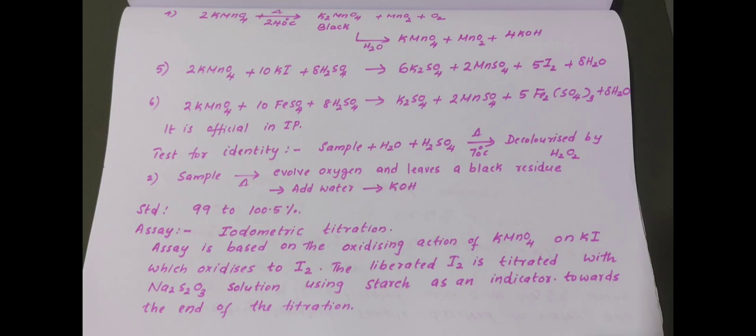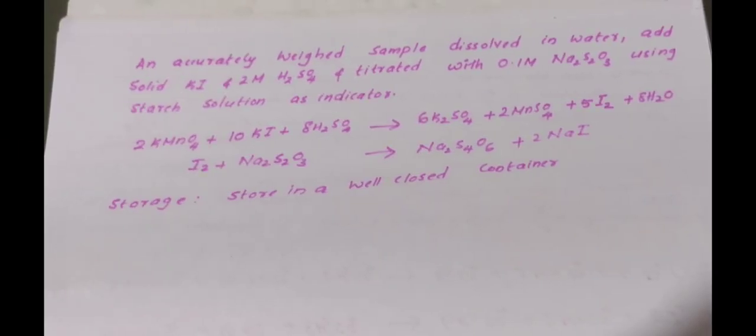An accurately weighed quantity is dissolved in water, add solid potassium iodide plus 2 molar H2SO4, and titrate with 0.1 molar sodium thiosulfate using starch solution as indicator. Here 2KMnO4 plus 10KI plus 8H2SO4 gives 6K2SO4 plus 2MnSO4 plus 5I2 plus 8H2O.